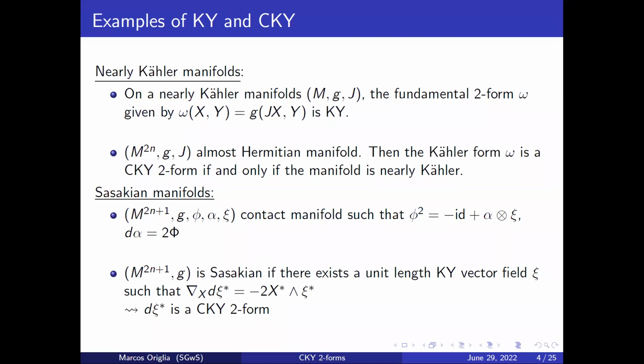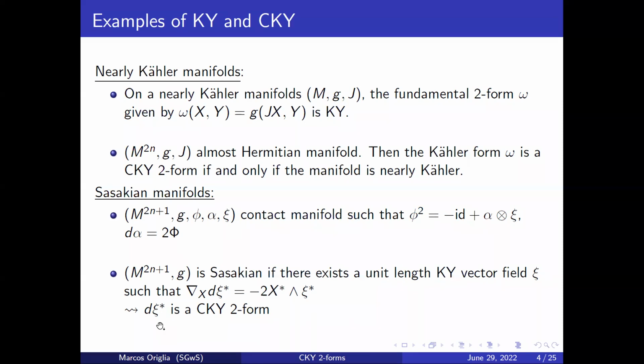And actually, in some cases, this is more or less the only case when this happens. I mean, here we have a Killing vector field, the Reeb vector, and the differential of its dual is a conformal Killing two form.